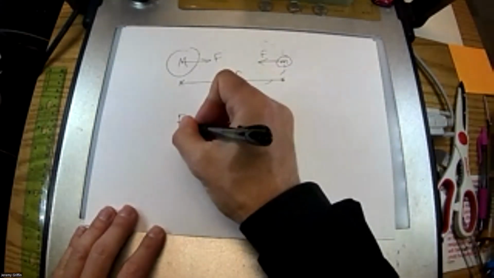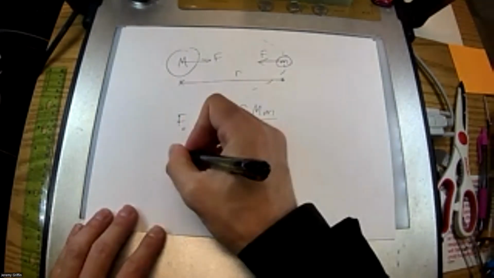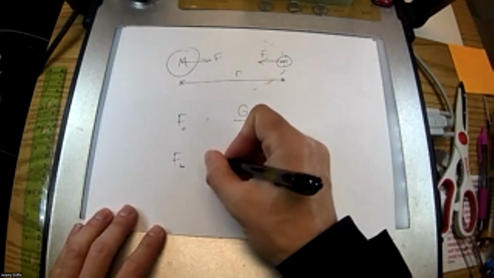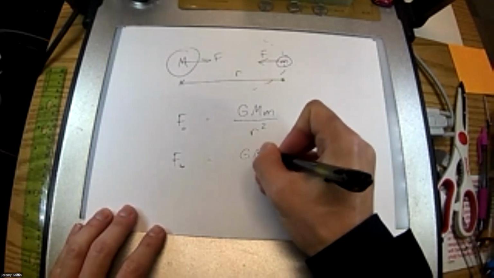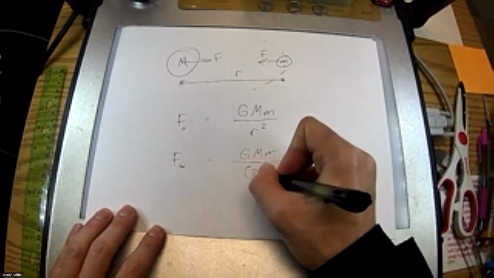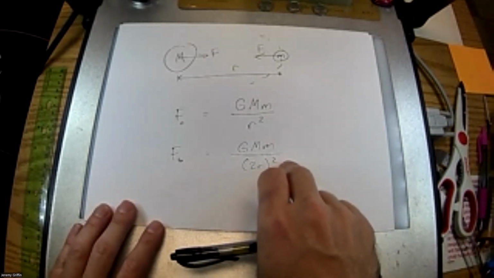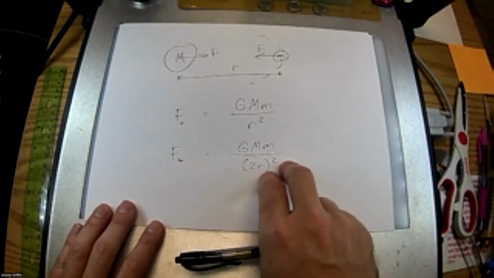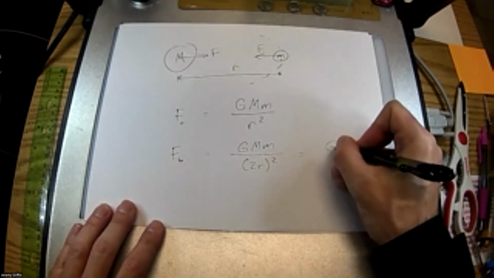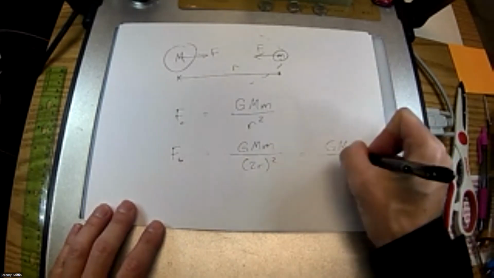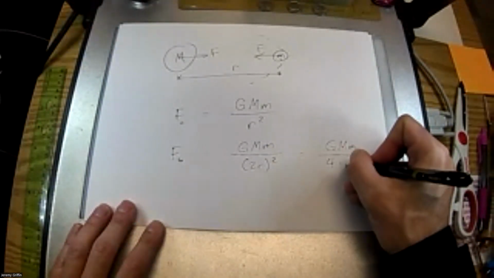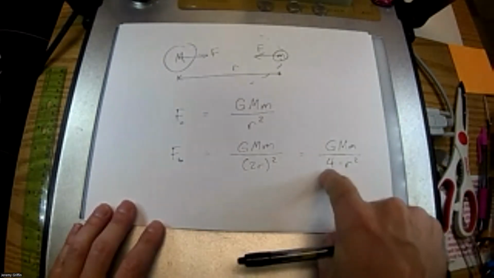So suppose that's the original force, right? And then we're going to have a new force at double the distance. So that'd be G m1 m2 over (2r) quantity squared, right? But doesn't that exponent apply to both parts on the inside? So couldn't that be G m1 m2 all divided by 4 times r squared? And then look what we have here.